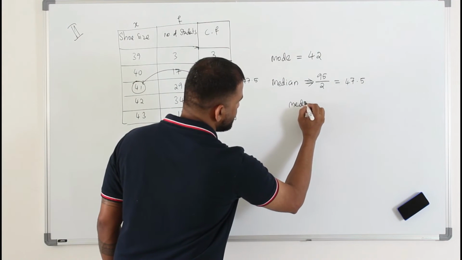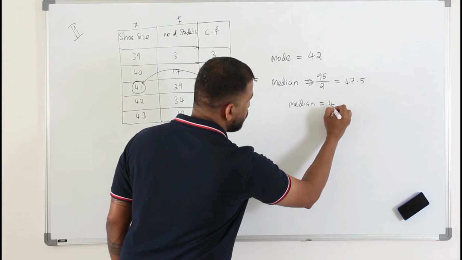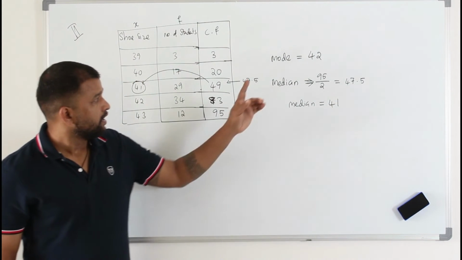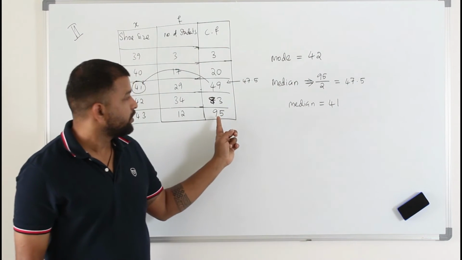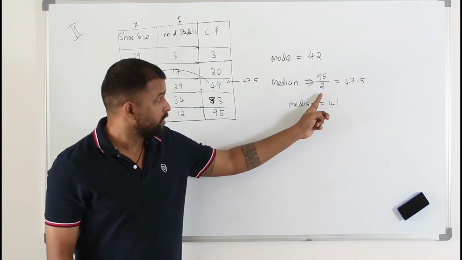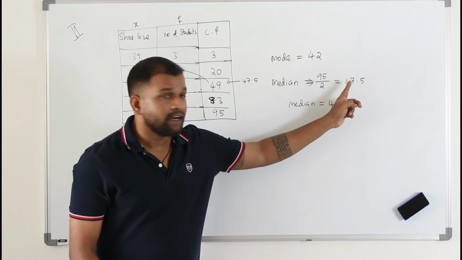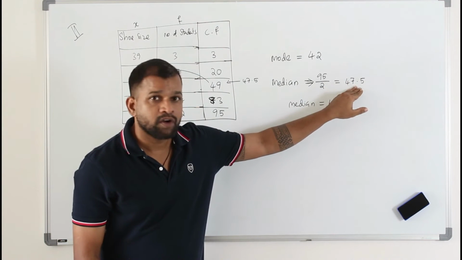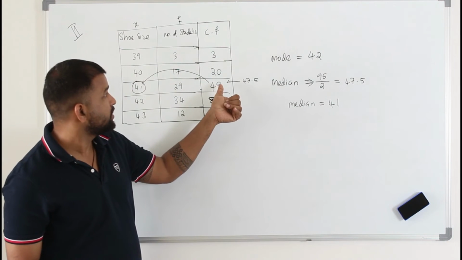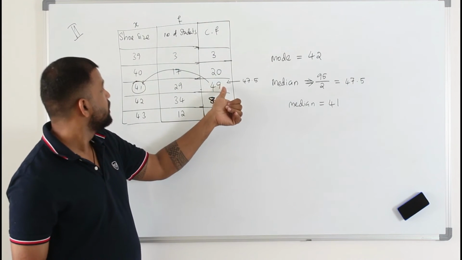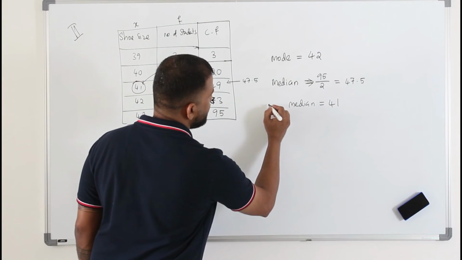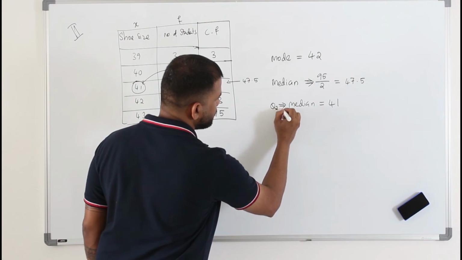So median is 41. So remember, that's how you find the median. You take the total cumulative frequency, divide by 2, and then you get a number. Look for this number in cumulative frequency and find out where the number lies. It lies in the third row. The corresponding x is the median. So we got the median Q2 already.